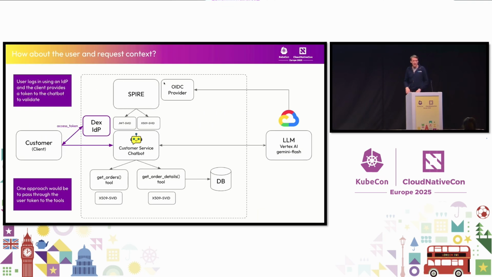So that's the example. What I wanted to talk about, though, is not just how we can think about the workloads themselves, right? We've managed now to give identity to each of the different components in the system, but really, how do we encompass the user identity? So I was making a request to this agent. The agent should really be using or have some notion of my identity when it makes the request to downstream systems.